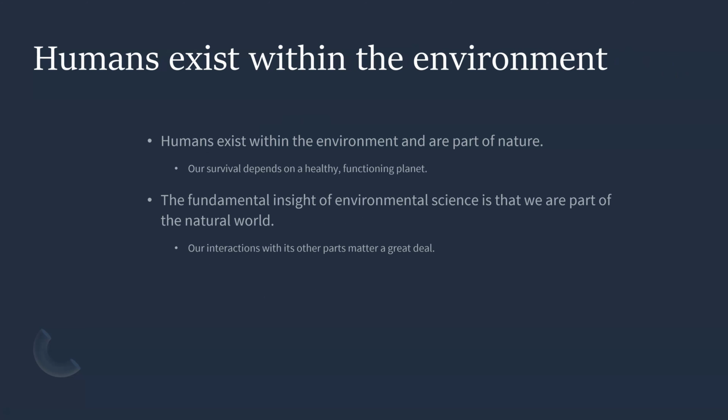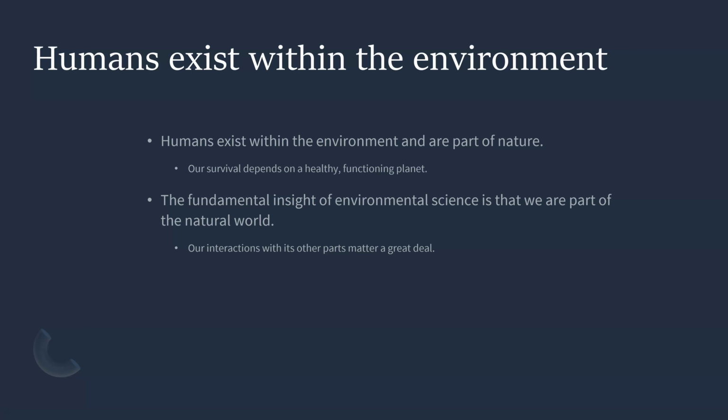And we exist in the environment. We are a part of nature. Although we often see ourselves as a separate being, we are part of the environment. And our environment changes depending on where we live, and we'll talk about different biomes and things like that in this class.